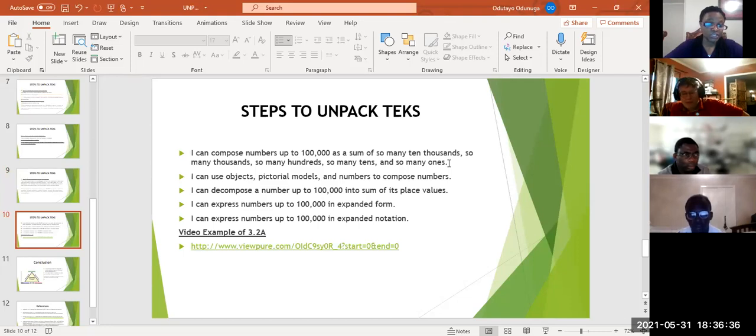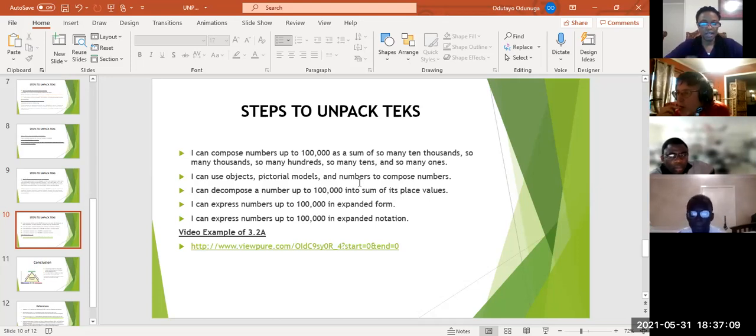And you can teach this goal because after you've taught the goal, you assess their knowledge and understanding. If they don't understand it, you might want to teach this goal again the next day. So you keep teaching until they understand the concept behind composing numbers up to 100,000. And then you can pick the next goal.